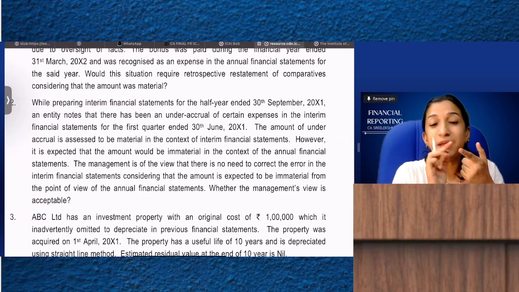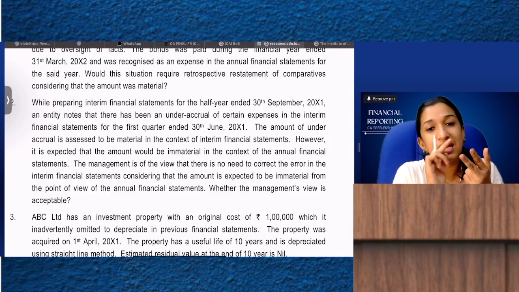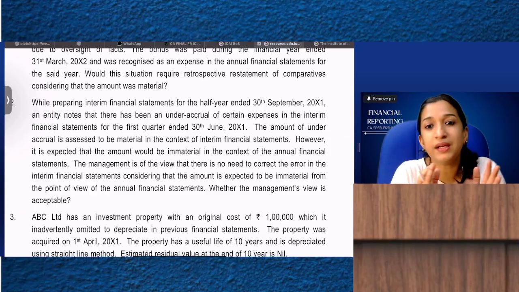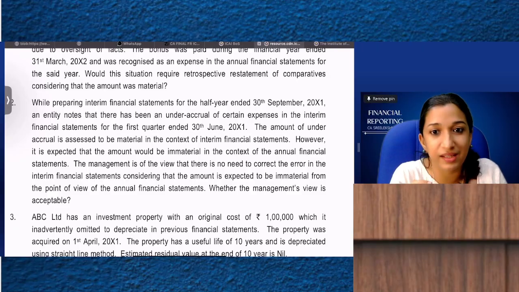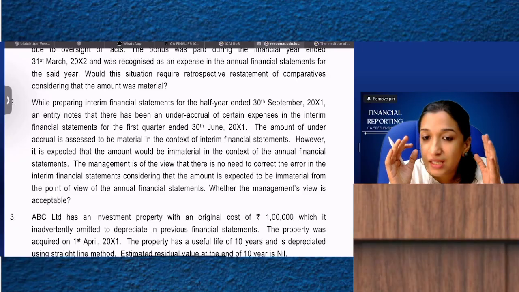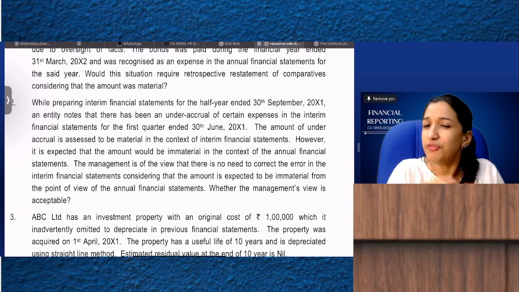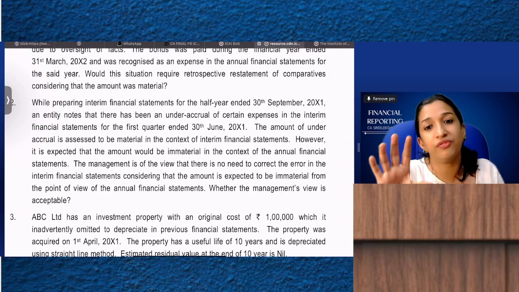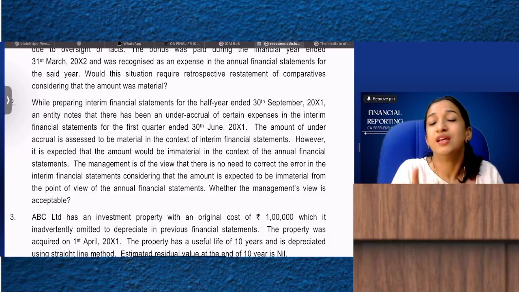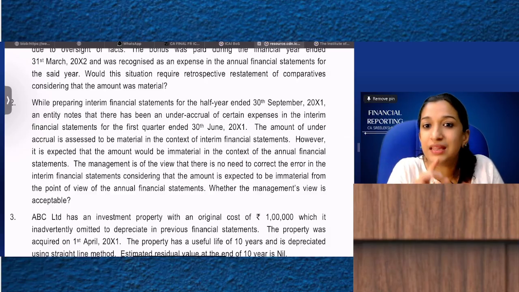Errors can be material errors or immaterial errors. The financial statements cannot be considered as in compliance with Ind AS if there are material errors or immaterial errors intentionally committed. If there is an immaterial error also, the financial statements will be considered as not in compliance with Ind AS. So you need to make the correction. So the management's view is not acceptable.